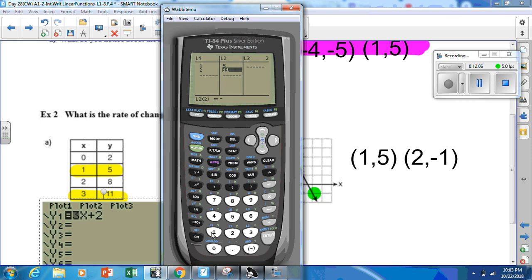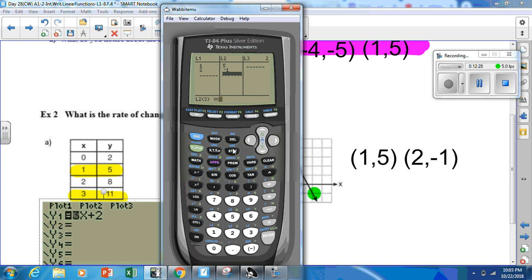Enter. Let's see what I got here. All right, so in my table, I have 1, comma, 2. That worked there, that worked there. Then I have 5, -1. Boom, boom. I think we're ready to see what we get.